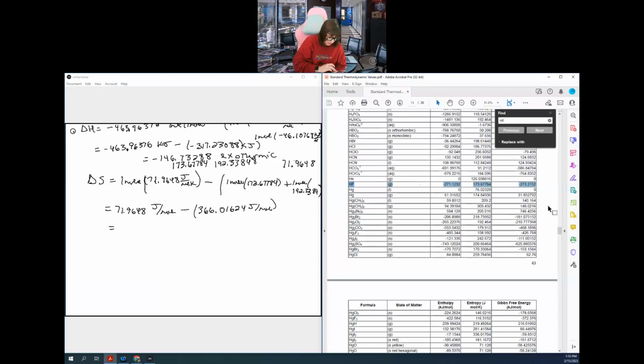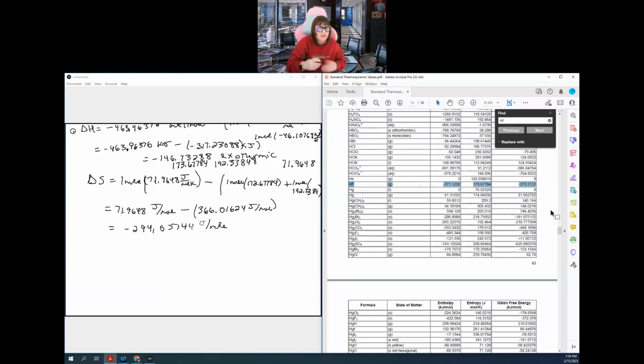And that gives me a negative value. So 71.9648 minus that quantity that I just calculated gives me negative 294.05144, and that's joules per mole.